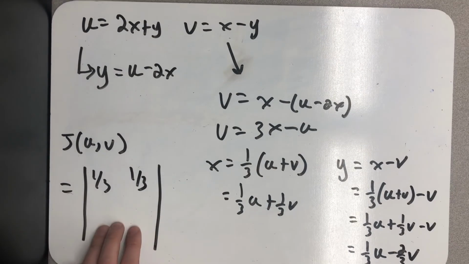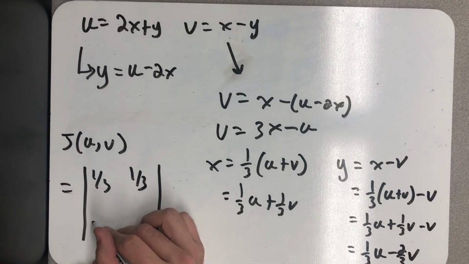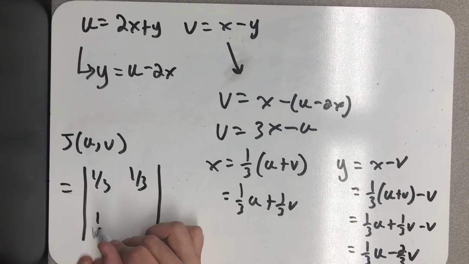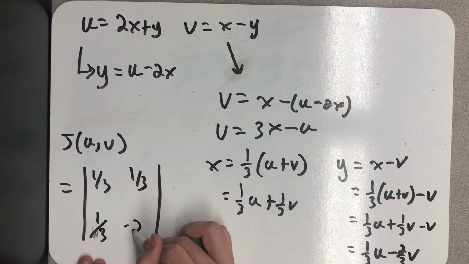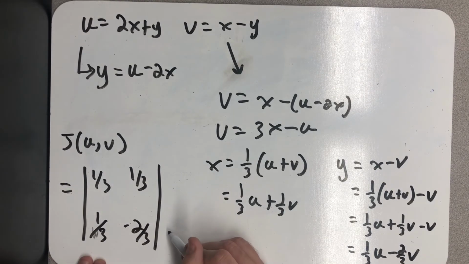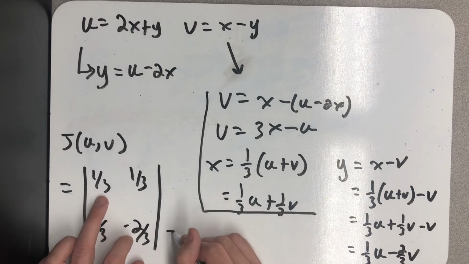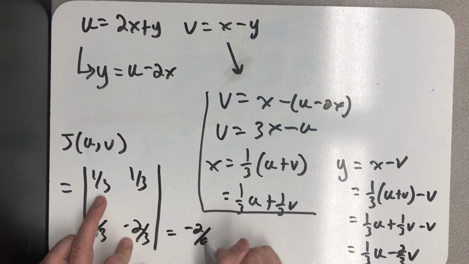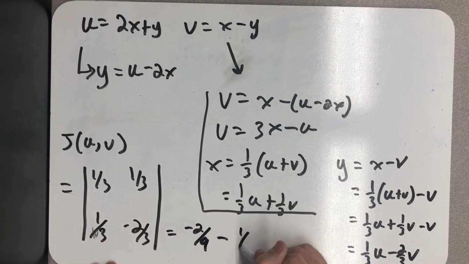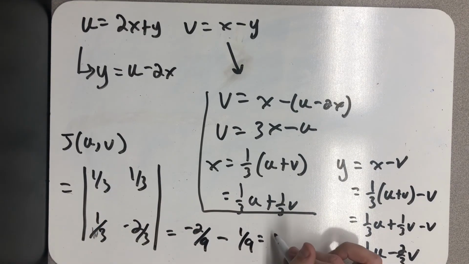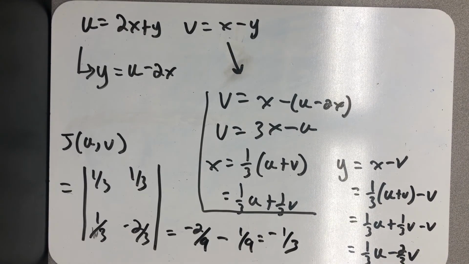And now I take the partials of y with respect to u and then v, so I end up with 1/3 and minus 2/3. Right, I'm running out of room here, but let's see, I have a minus 2/9 minus 1/9, which is minus 3/9 or minus 1/3.